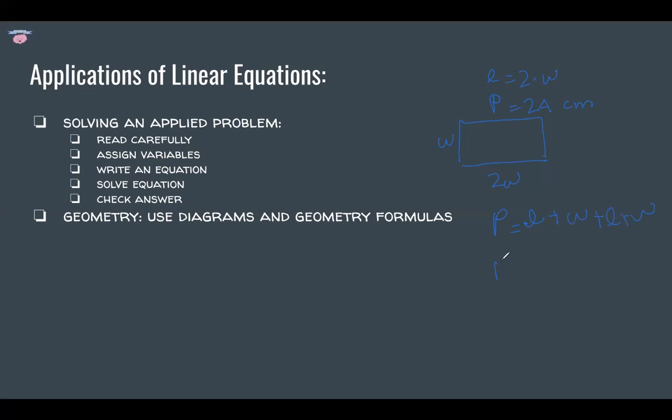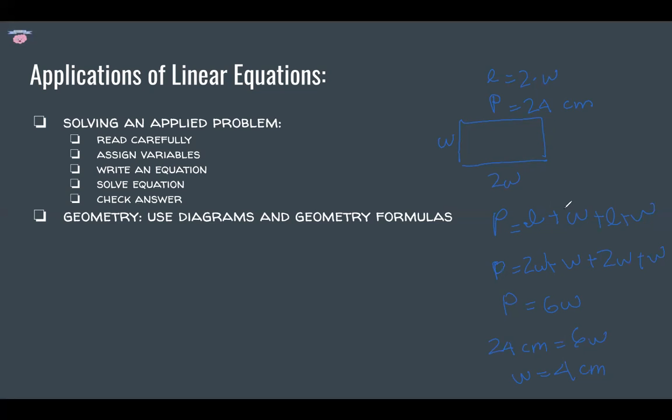Which means perimeter is equal to 2W, which is length, plus W, plus 2W, which is length, plus W. And this means that P is equal to 6W. Now we also know the perimeter is 24 centimeters, so we can substitute that in here. 24 centimeters is equal to 6W. W is equal to 4 centimeters.